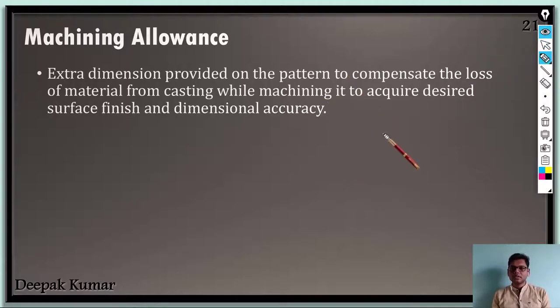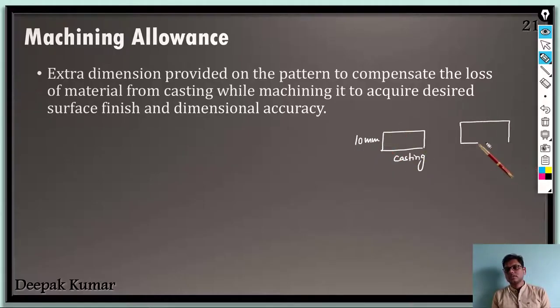We have seen the pattern already. Let's suppose this is a casting which is to be made having the dimension 10 mm. This is the pattern, so it is made a little bit larger, the dimension is increased.